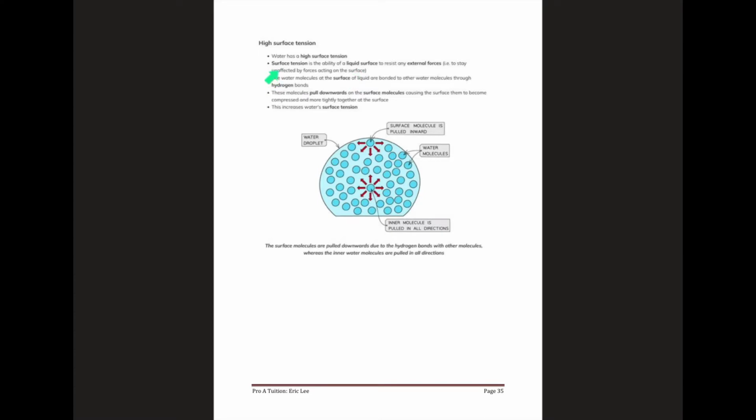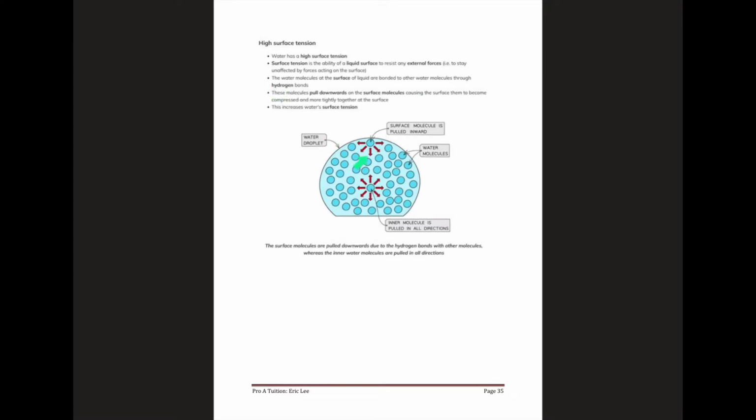Okay, so it's something very close to a solid. Solid is where the surface has so many atoms that they can have a resistive force. Okay, resist you from pressing it. So the water molecules at the surface of a liquid are bonded to other water molecules through hydrogen bonds.